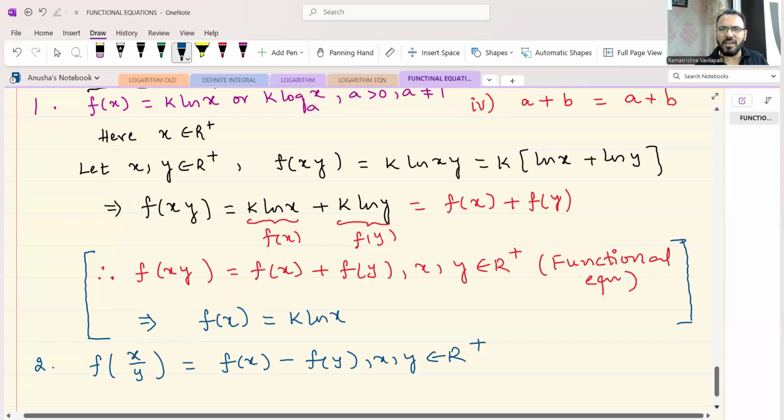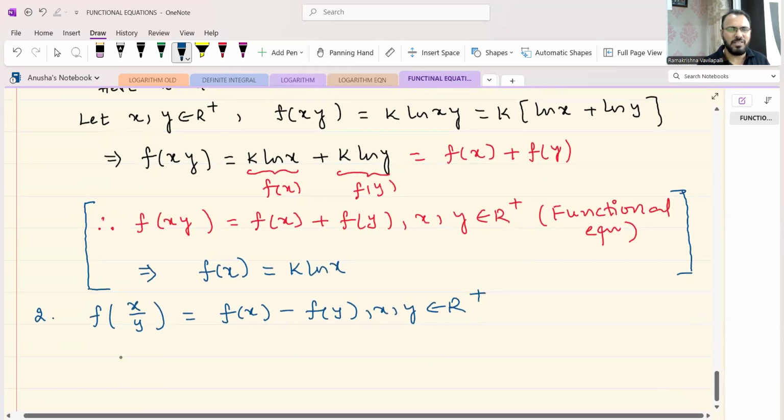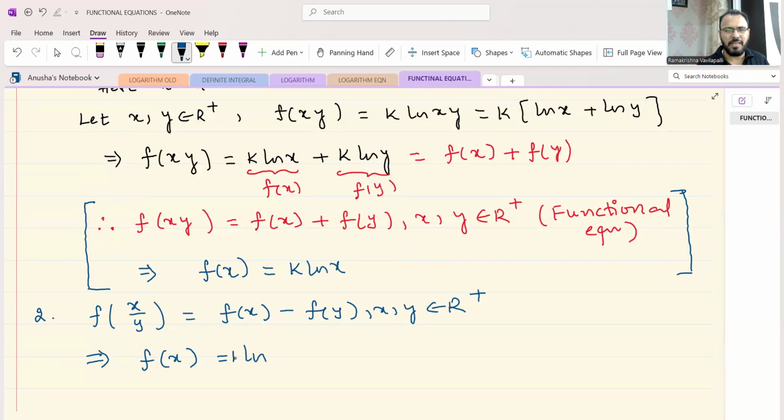As you know, log of x by y equals log x minus log y. So the function satisfying this equation is k into ln x, because ln of a by b equals ln a minus ln b.